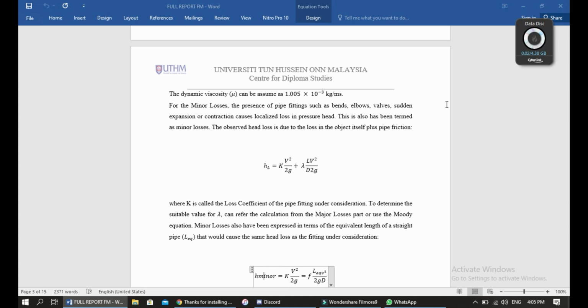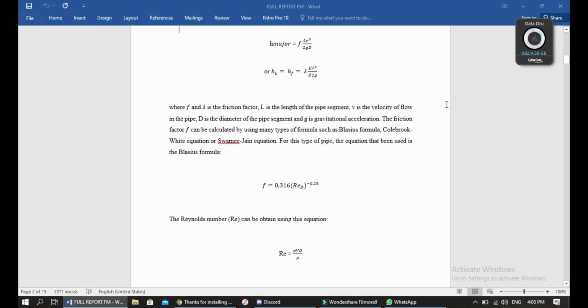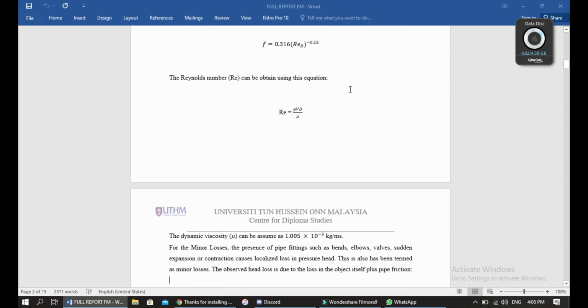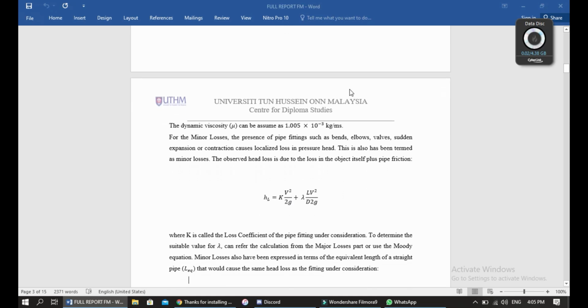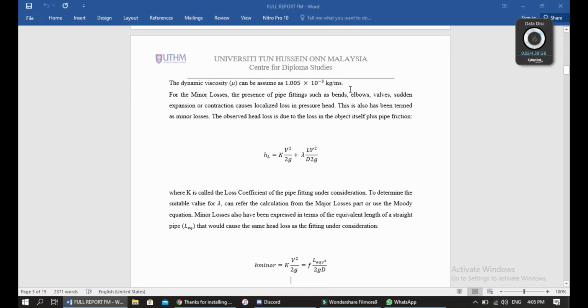To determine the suitable value for lambda, we can refer to the calculation from the major losses part, because it is the same as the major losses, or we can use the Moody equation. The Moody equation is not included in our report, so we just use the calculation from the major losses.